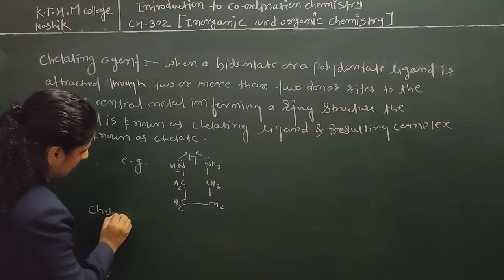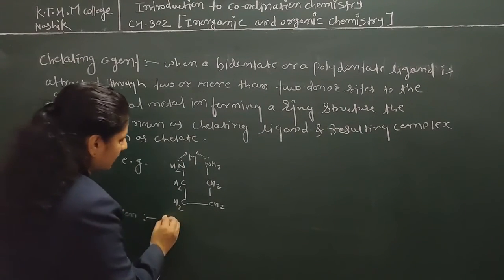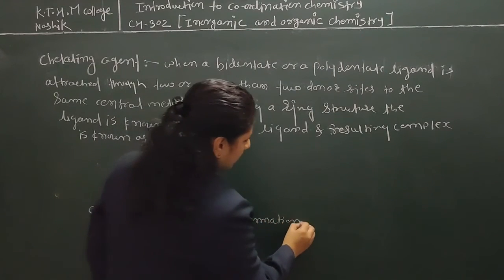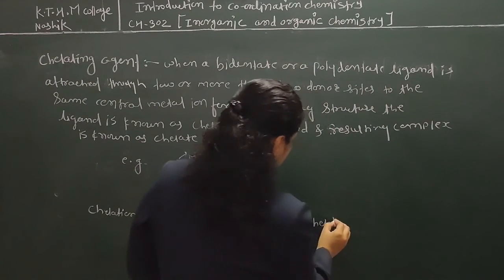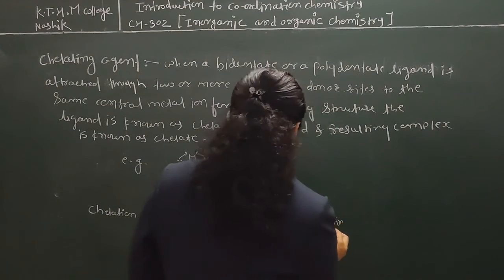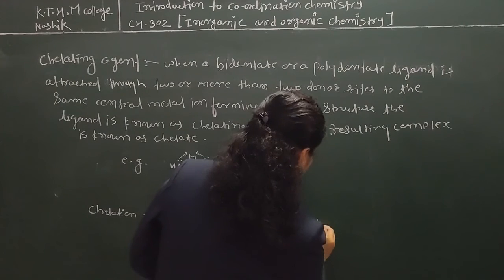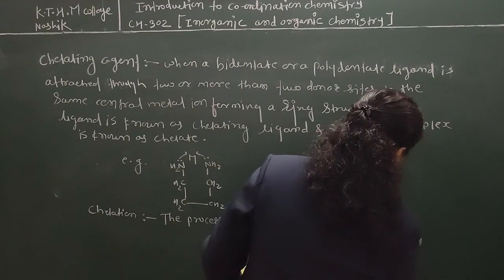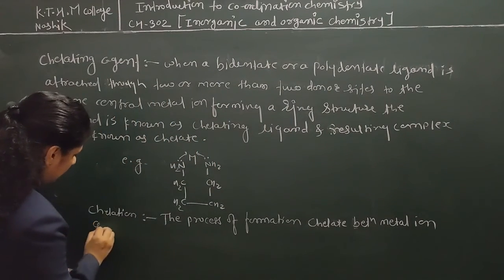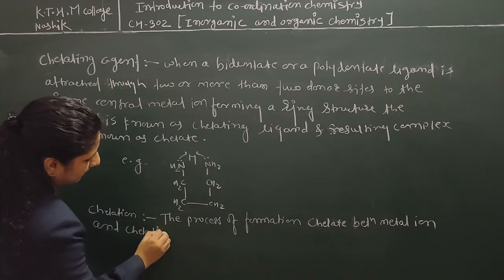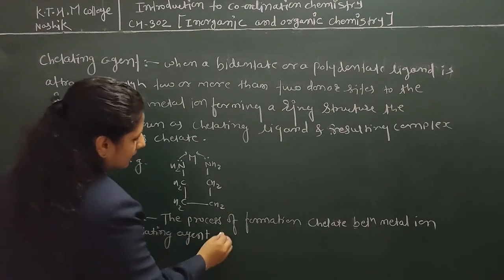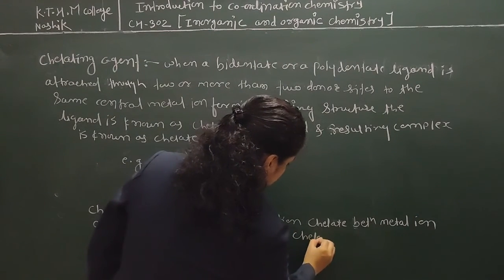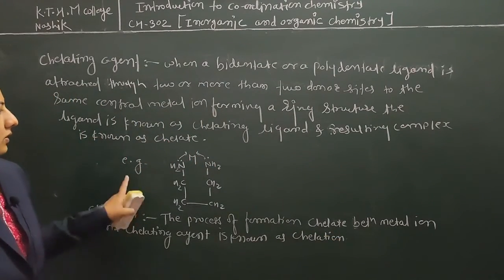Chelation is the process of formation of a chelate between a metal ion and a chelating agent. This is chelation.